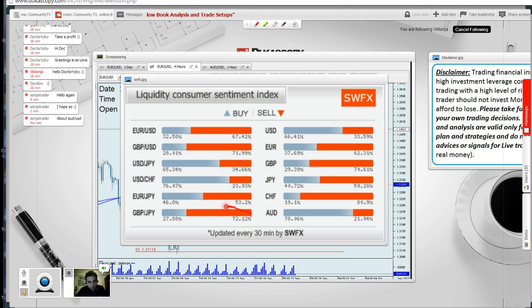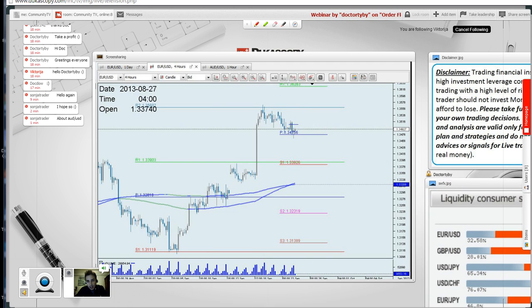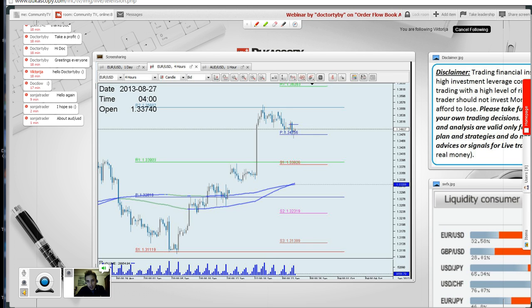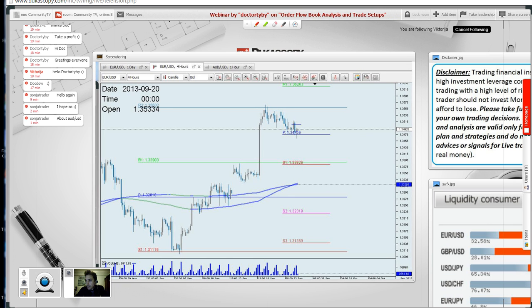Great Britain pound 72% bearish sentiment against the Japanese yen, 53% bearish sentiment on the euro Japanese yen, 65% bullish sentiment on US dollar Japanese yen. But US dollar Japanese yen, in my opinion, is extremely risky right now.